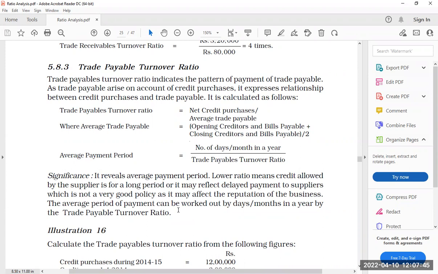How can I increase the average trade receivables? I'll give more time for my customer to repay. In that way, I can increase my sales. So every point is interconnected, but this is a post-mortem analysis. Based on this, we're going to take a decision in the next year. This is nothing but the result of the decision you took in the last year.